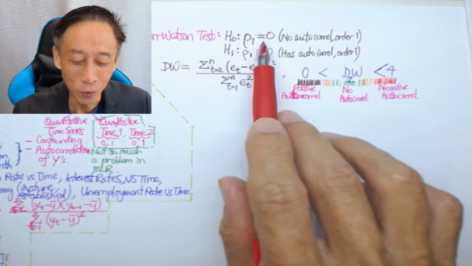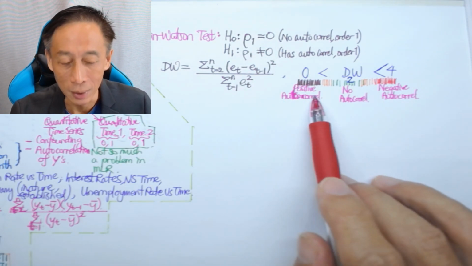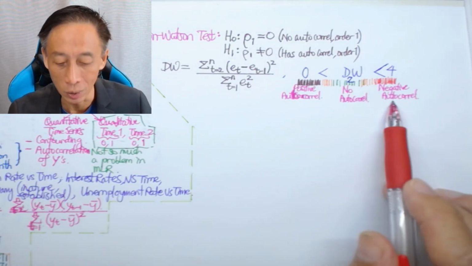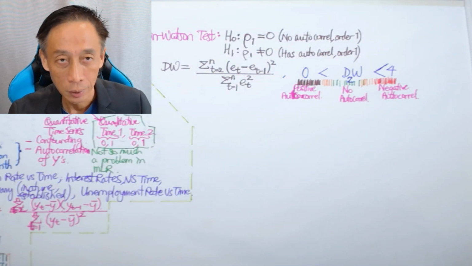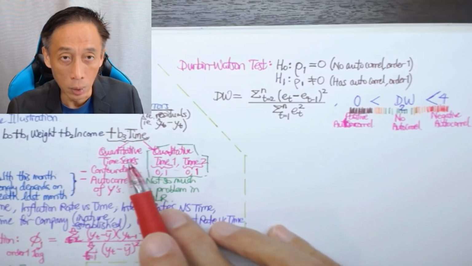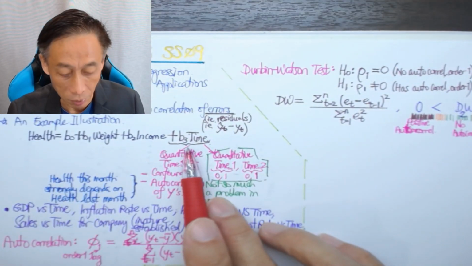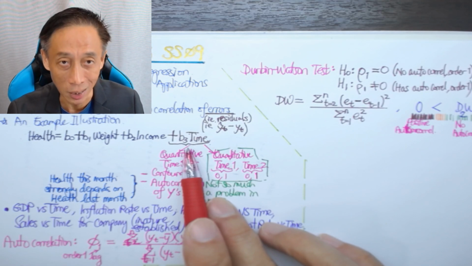Okay, when you're testing for yes or no autocorrelation, we don't care whether it's strong positive or strong negative autocorrelation. Because if there is autocorrelation, our regression model is in danger of its reliability, right? We are not very sure we can use it anymore.